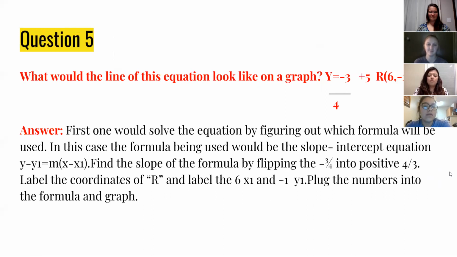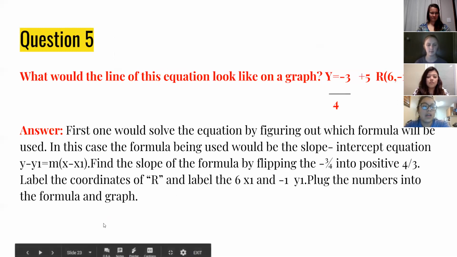To find the slope of the perpendicular line, we swap the signs, so negative 3/4 becomes positive 4/3. Label the coordinates of R, with the 6 as x1 and the negative 1 as y1.